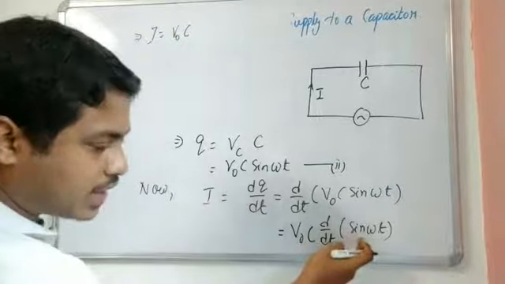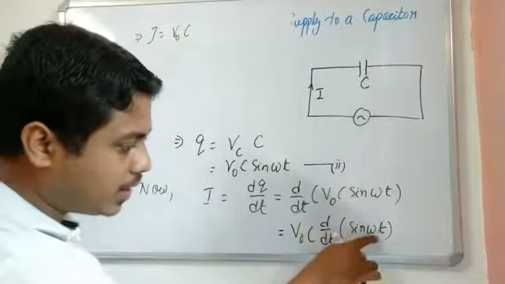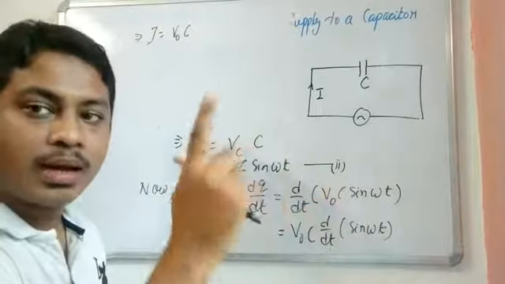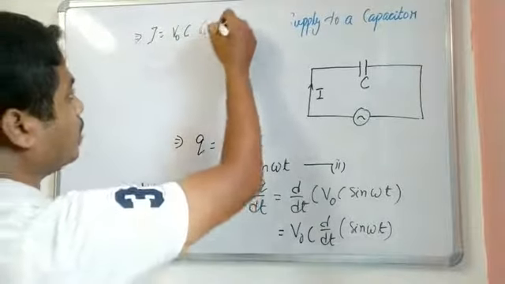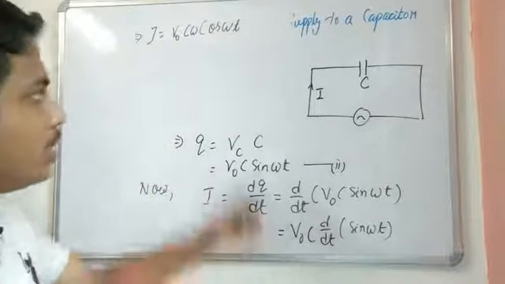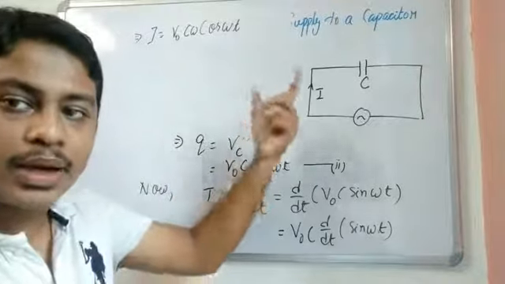If you differentiate sine omega t, you will get cos omega t. But since omega t is there, you have to differentiate it again, and you will get omega. So it will be V naught C cos omega t, and one omega will be multiplied, because here your angle is omega t, which should also be differentiated.